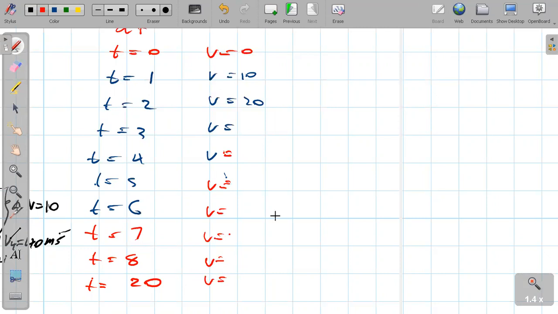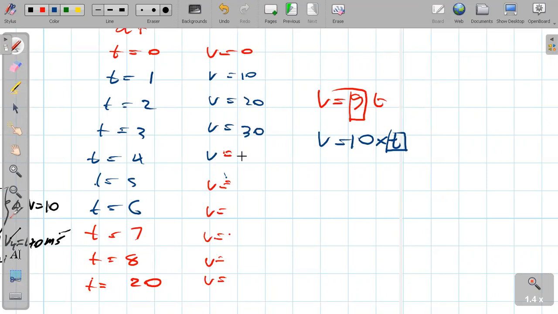Don't calculate these, just fill them in. You see? What is my equation? V equals GT. G is always constant. G is 10. So you just multiply that by the relevant time. For 3, 30.